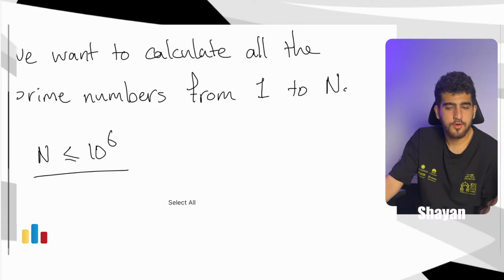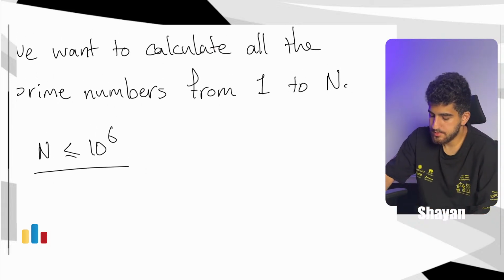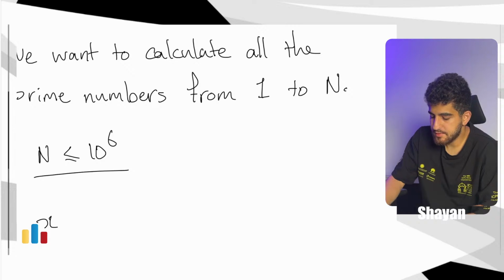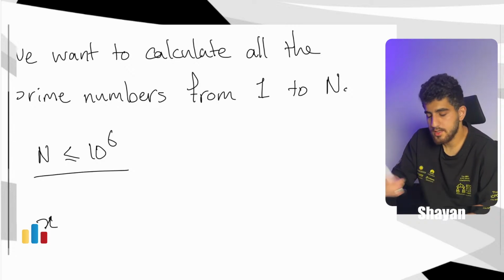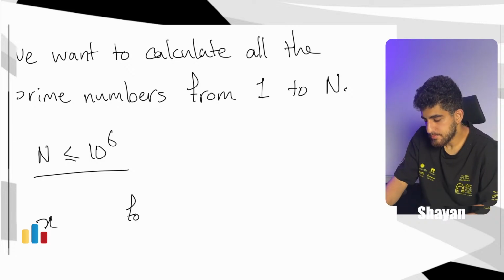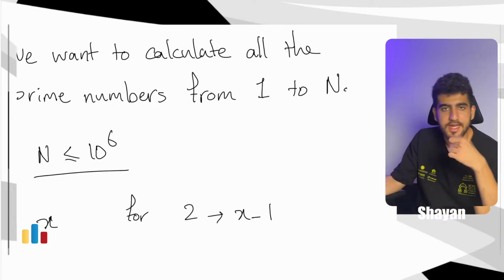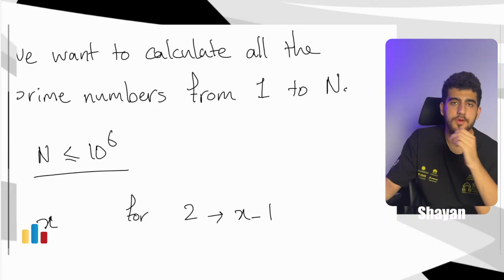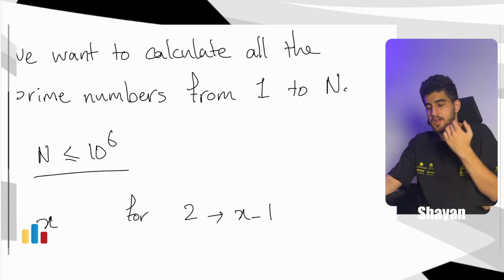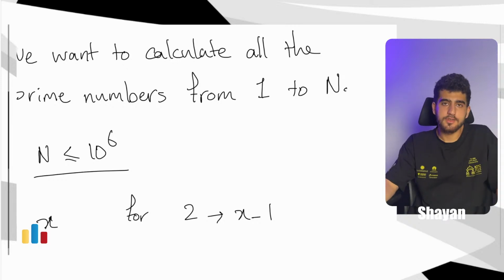We can just have a for from 1 to n. For example, assume that we have some x and we want to check if x is a prime number. We can just have a for from 1 to x, or from 2 to x minus 1, and if x divides any of those numbers, x is not prime. Otherwise, x is a prime number.